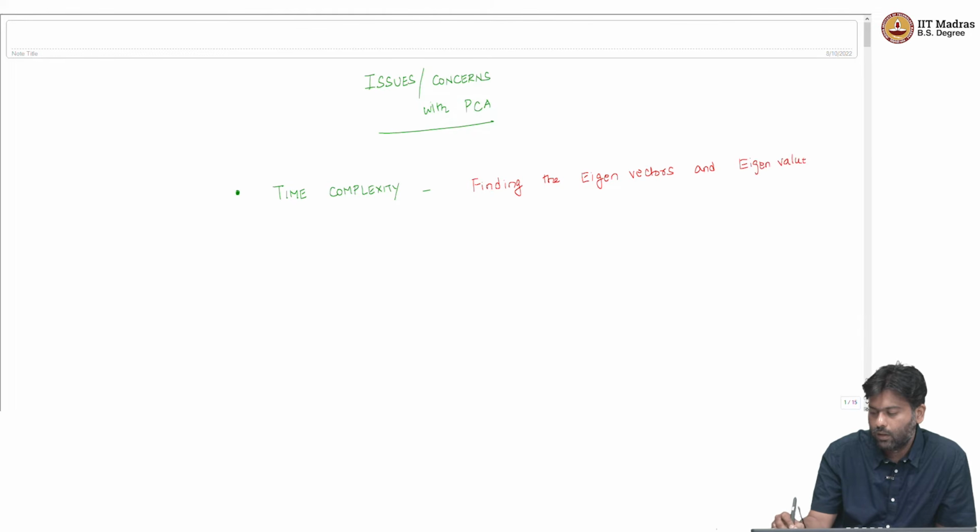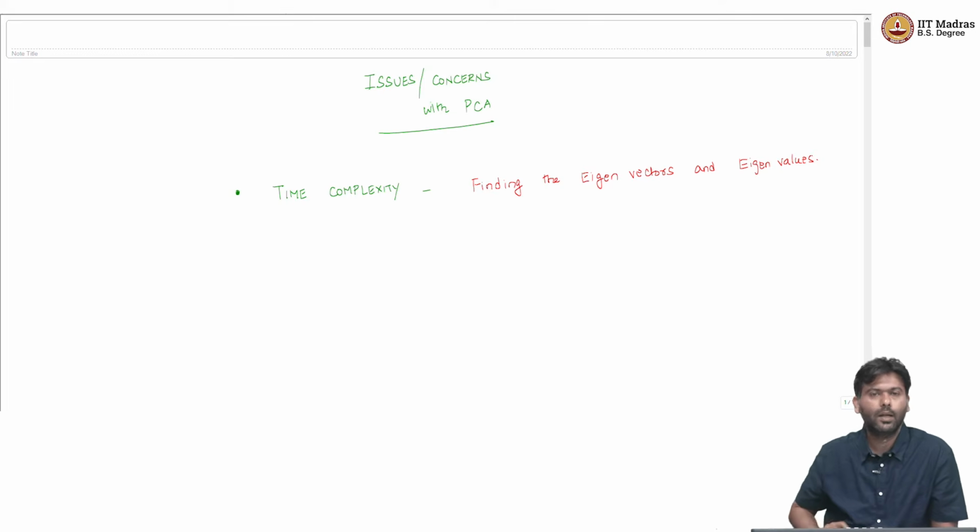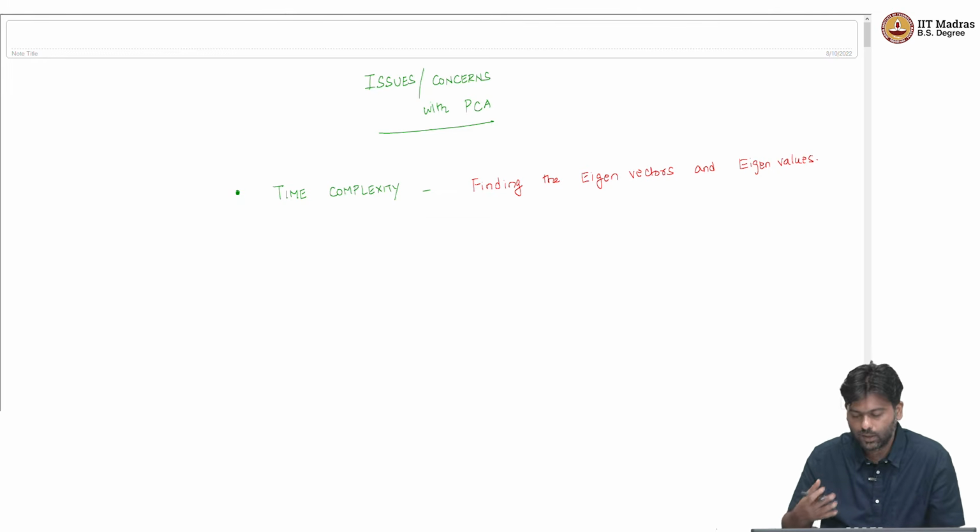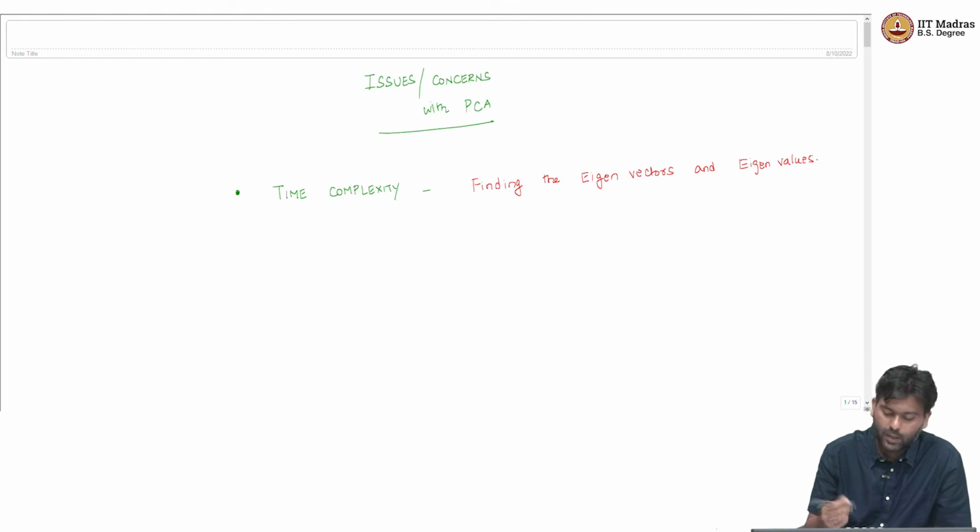Now there are a lot of special purpose numerical linear algebra solvers which can perhaps do this in the most efficient way possible. But what I am going to suggest now is the general time taken for finding the eigenvalues and eigenvectors of any matrix, in particular the covariance matrix. We care about the covariance matrix, which is a D cross D matrix.